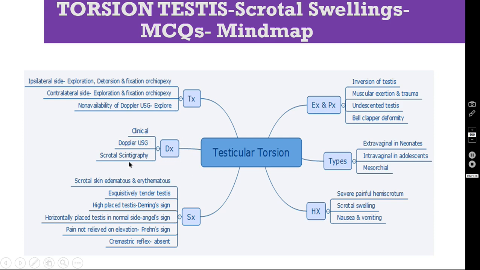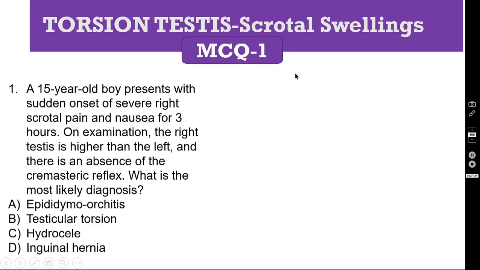What are the investigations you have to do, and then treatment. Sometimes I may even discuss post-op complications, and if it is a tumor case, then the prognosis and follow-up are also very important. So hereafter I will be sharing this mind map in all my MCQ videos.